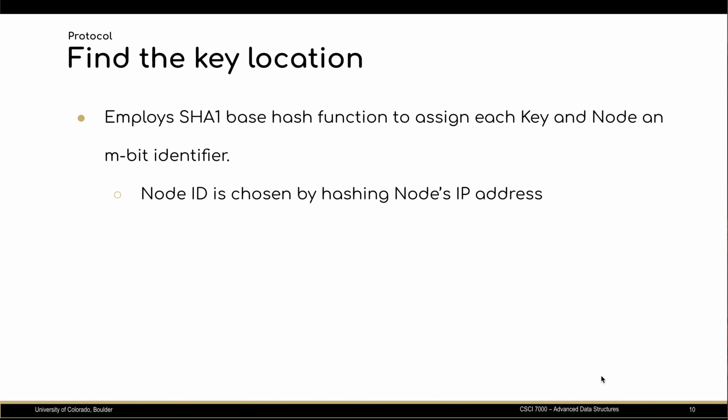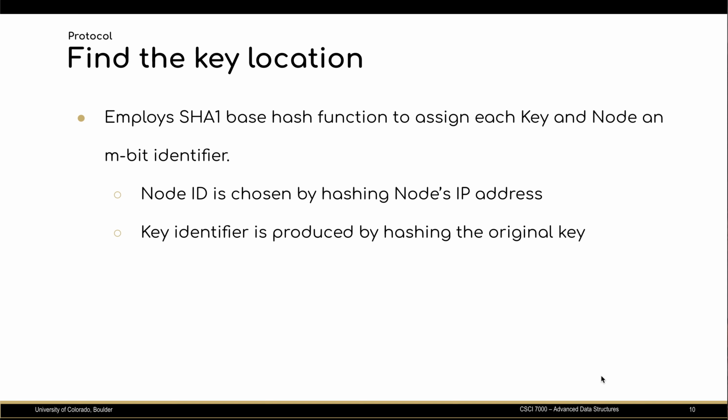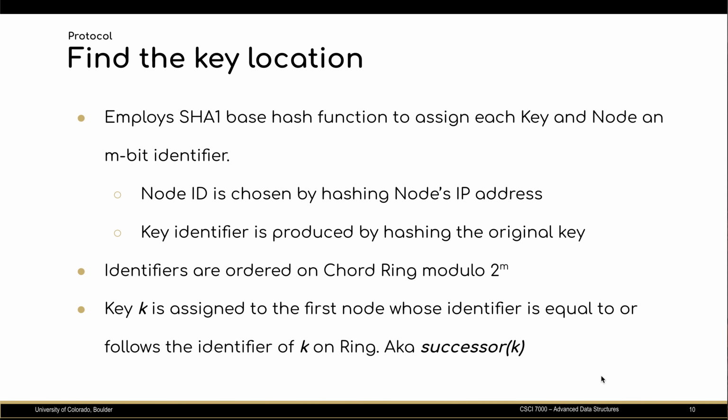In a SHA-1 based hash function, we have an m-bit identifier. Each of the key and the node has an identifier. The key identifier is produced by hashing the original key. The node identifier is chosen by hashing the node IP address. Identifiers are ordered on the Chord ring, similar to consistent hashing, which we saw earlier.